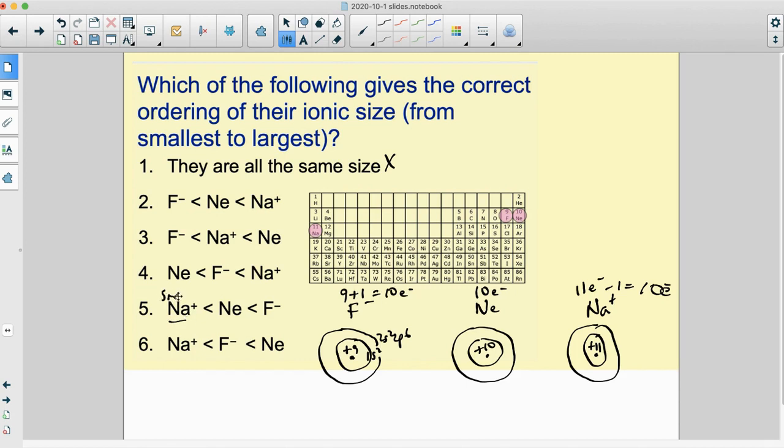So that's the smallest. So it has to be either 5 or 6, right? Because we decided that sodium is the smallest. And so then the plus 9 nucleus is going to pull those 10 electrons in the least tightly. Okay, so we know that this is going to be the largest, smallest, and we have largest. Okay, so our largest is over here. Okay, so choice 5 is the correct one.